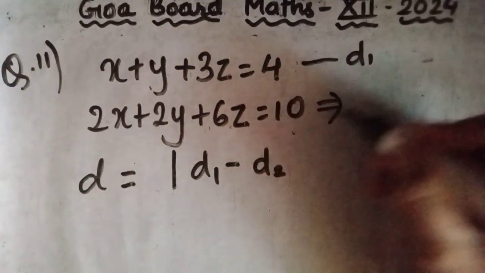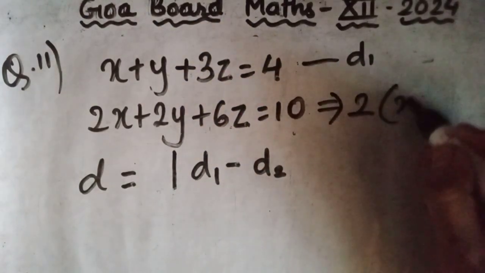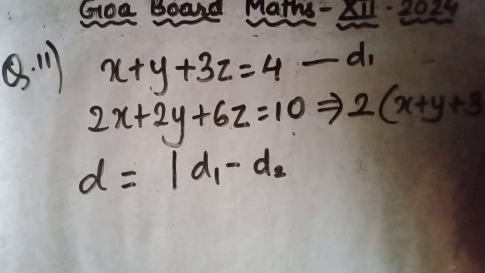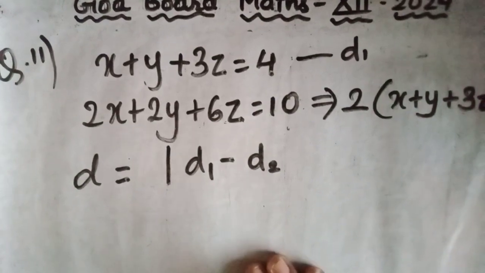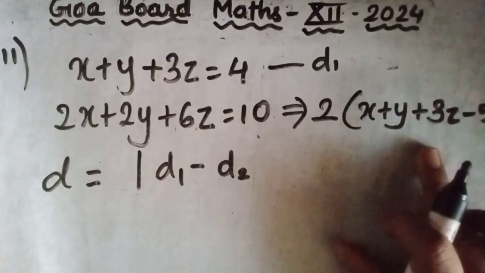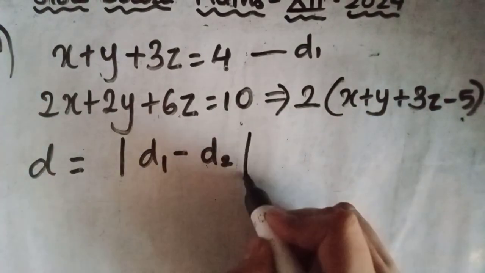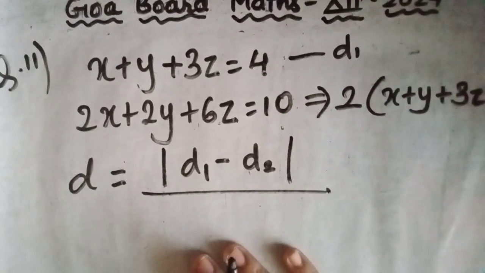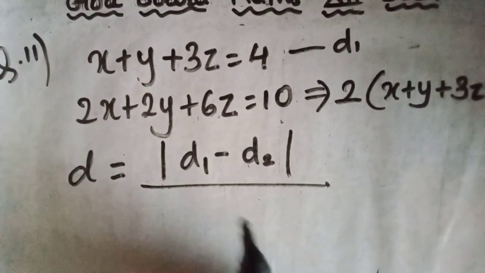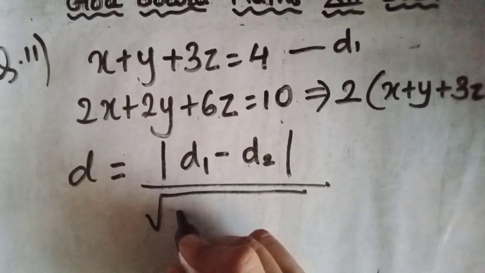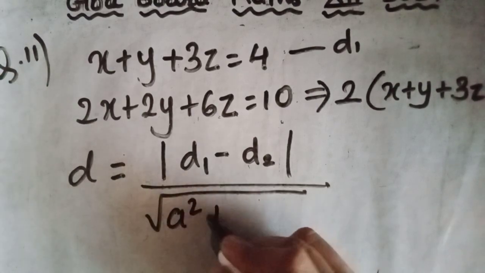If I multiply this, I can write it as 2 times x plus y plus 3z minus 5 equal to 0. Okay, this is my equation of the second plane. So our d2 is 5. So d1 minus d2, and upon you have to take these values, square root of a square plus b square plus c square.